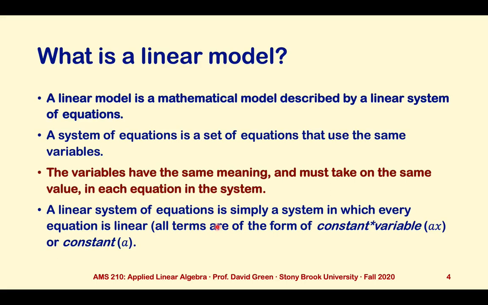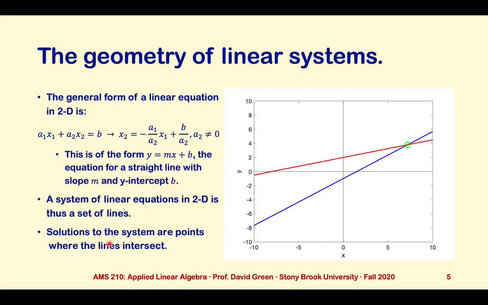A linear system is, to recap what we've seen before, simply a system in which every equation is linear. All of the terms are of the form some constant times a variable, a times x, or just a constant by itself. We've introduced the idea of what linear equations look like in an earlier video.